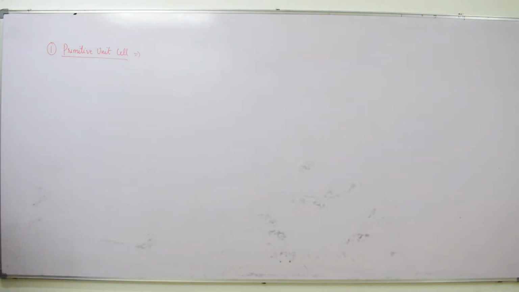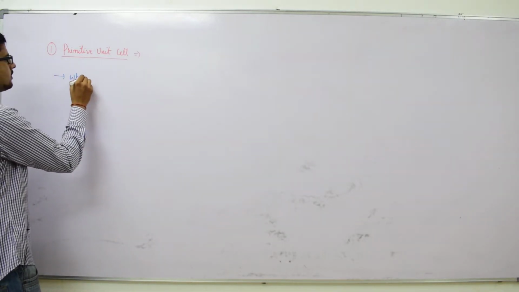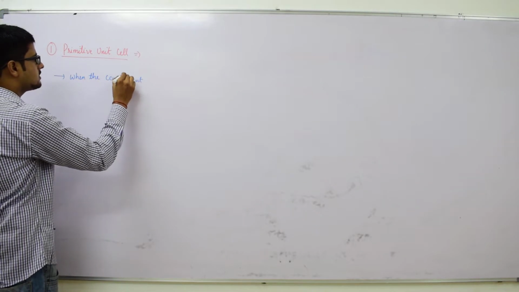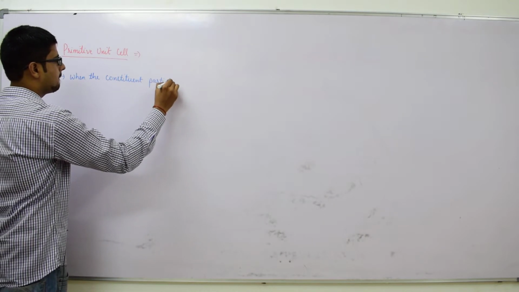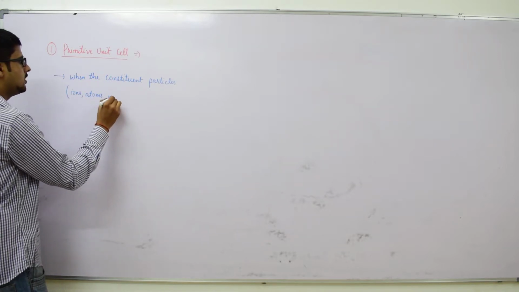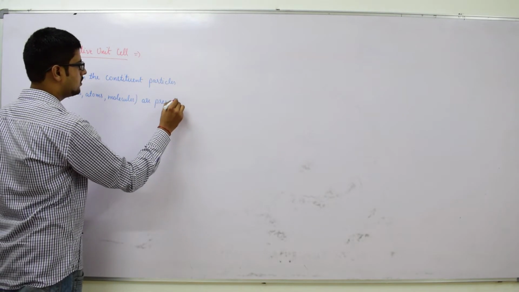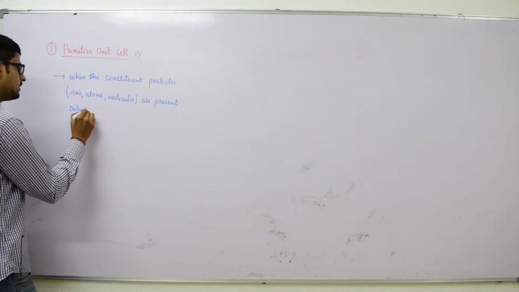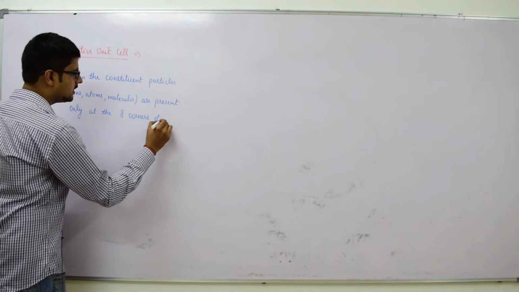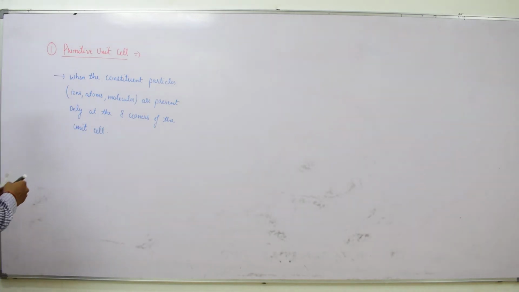The primitive unit cell is a unit cell where the constituent particles, which may be ions or atoms or molecules, are present only at the 8 corners of the unit cell, and none else.